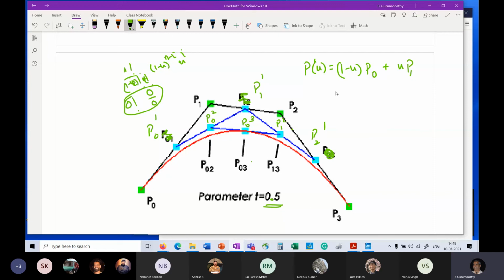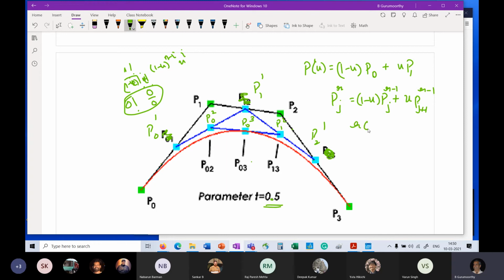Okay. And I'll rewrite this in the new notation that I have written, which will be Pj of r equals 1 minus u times Pj of r minus 1 plus u into Pj plus 1 of r minus 1. Okay.